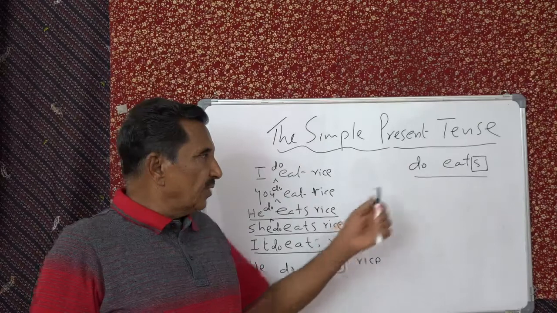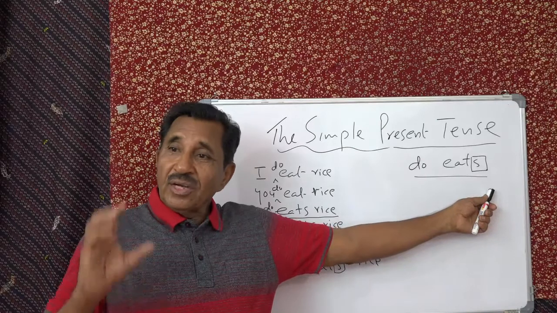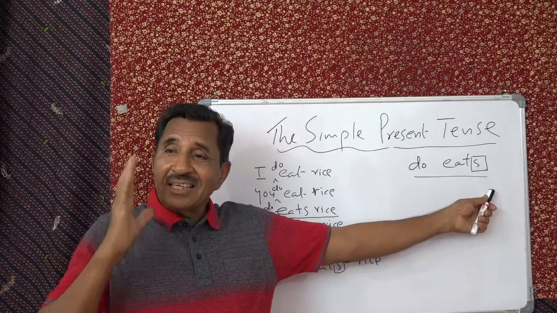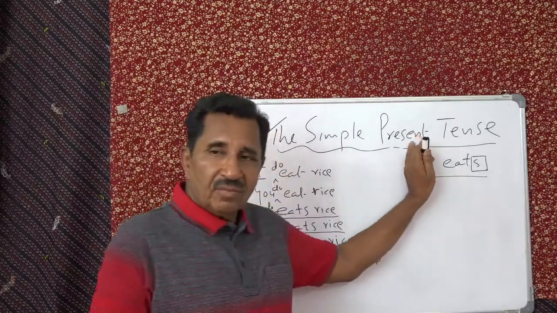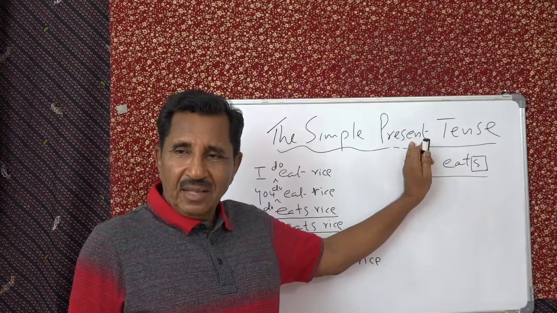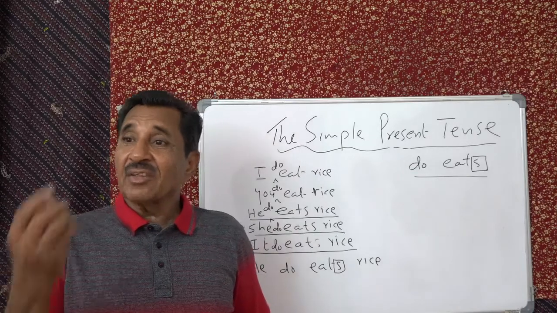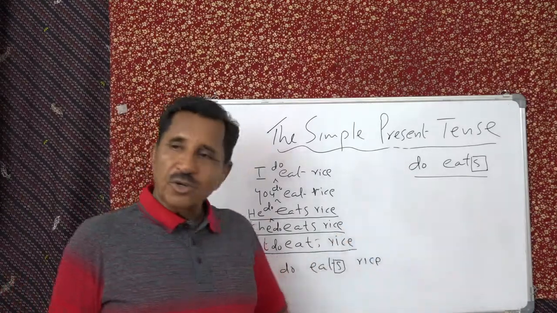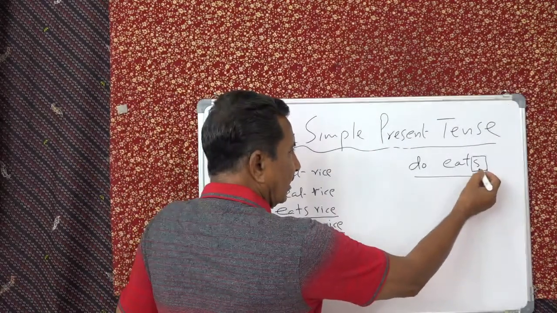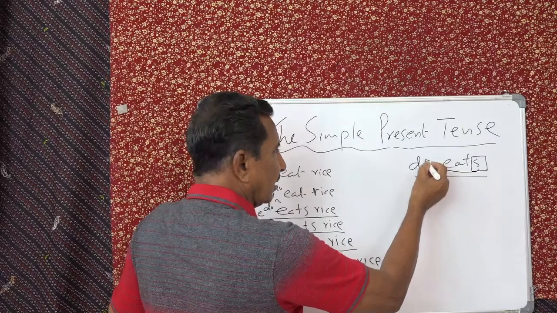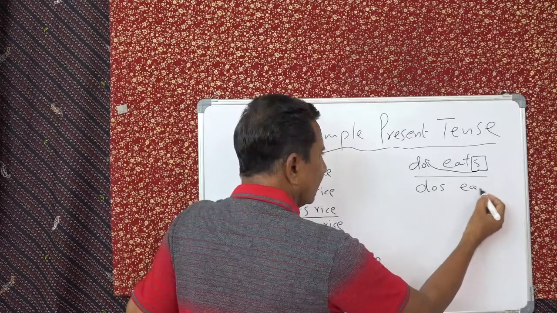When there is only one, it's okay. But when there are two, the tense marker is carried by the first word. And which is the first word? Do. So this tense marker has to be brought here. And then it will become does eat.